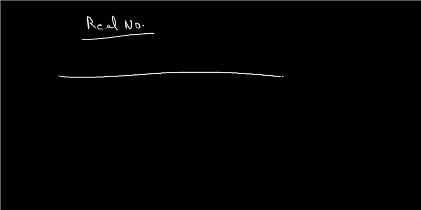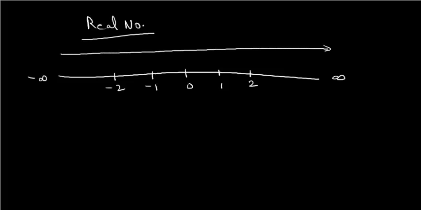Now let's see what the real numbers are. If we draw this number line and we have all possible numbers on it, all negative and positive numbers, up to infinity and minus infinity, all numbers on this number line, and they can be rational or irrational.